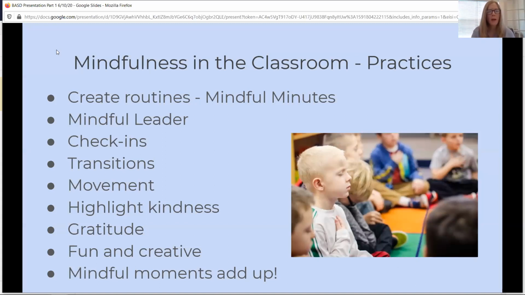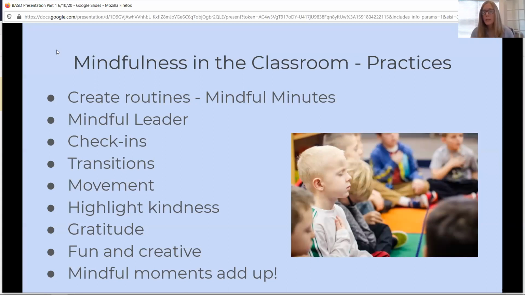Mindful movement. So I know a lot of you already do this. So just get up, stretch, shake it out, shake your hands, shake your legs, a quick Simon Says kind of game, something like that. Highlighting kindness.